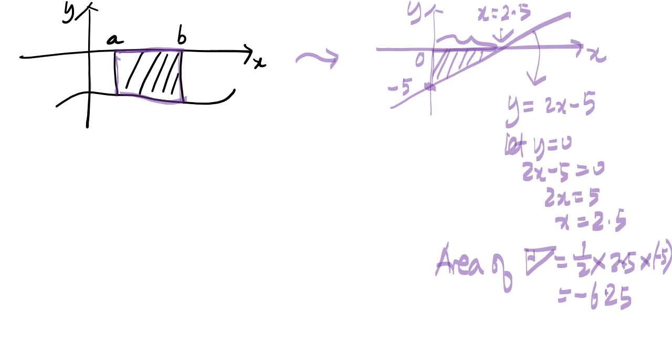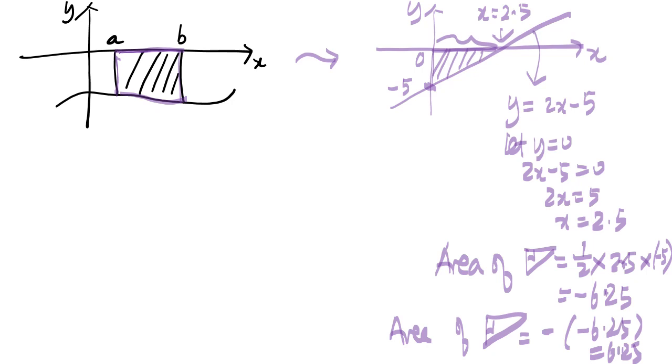But we all know that area is actually a positive quantity. Area cannot be negative. So how do you change it to a positive value? You just have to negate it, which means multiplying by -1, and then you end up with a positive value for the area.